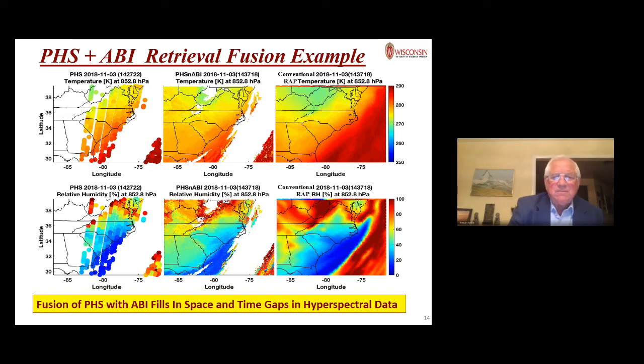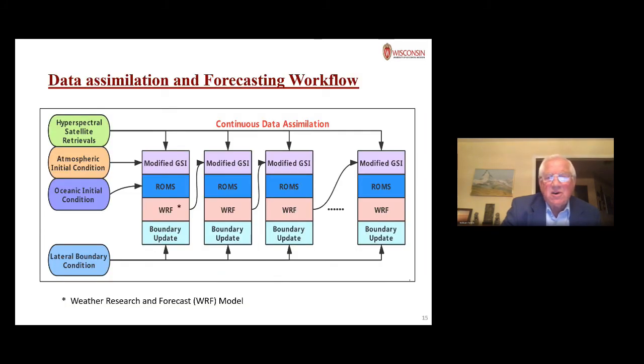And we assimilate these data hourly, continuously, to produce initial conditions from which we can then produce forecasts. And we do forecasts of course, the atmospheric state parameters, plus where storms are going to develop. We even use it for tropical storm prediction and so on. And the whole idea is to show how these data can improve weather forecasts.